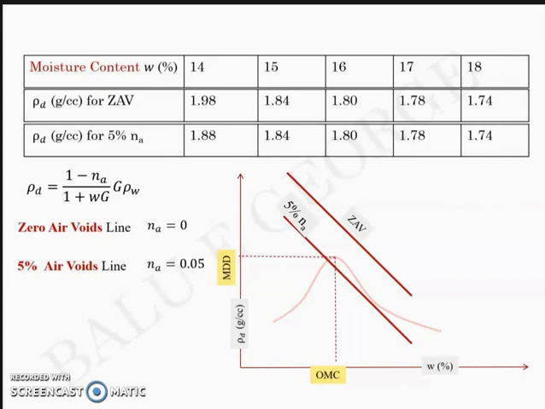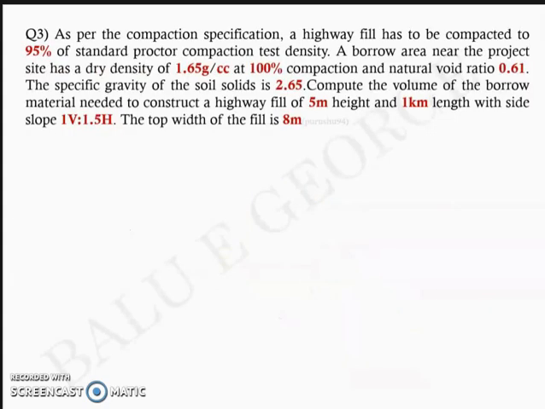Now we'll move to an application numerical problem apart from the theory portion. Here goes a question. As per the compaction specification, a highway fill has to be compacted to 95% of standard Proctor compaction test density. A borrow area near the project site has a dry density of 1.65 gram per cc at 100% compaction and natural voids ratio of 0.61.